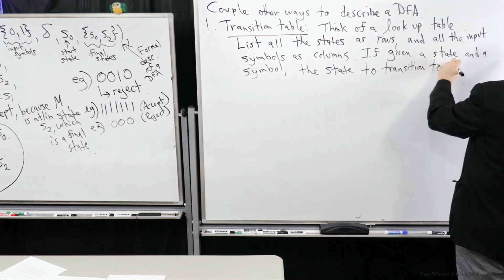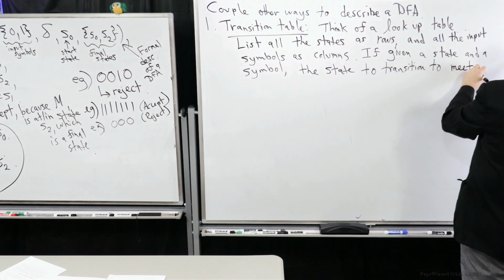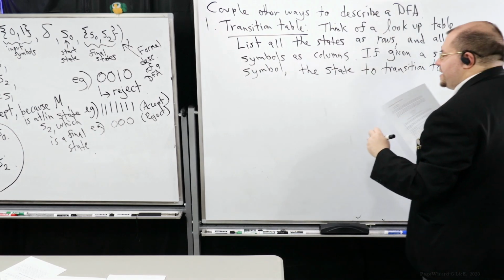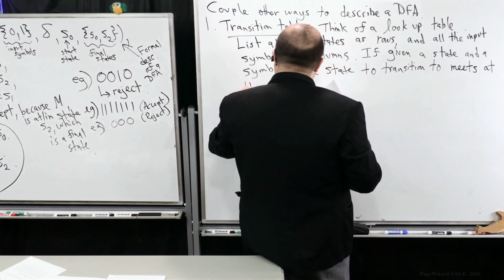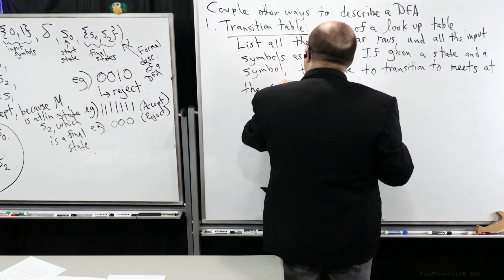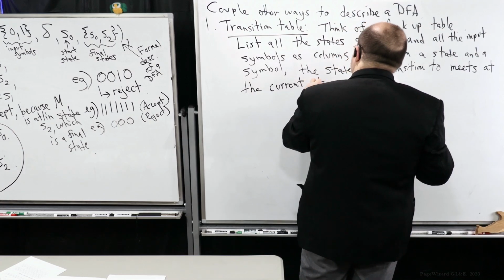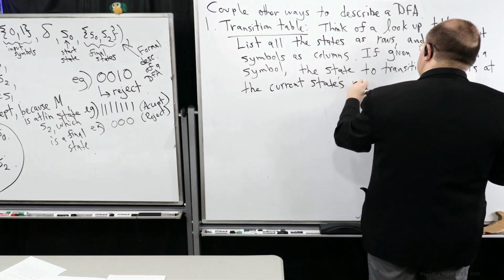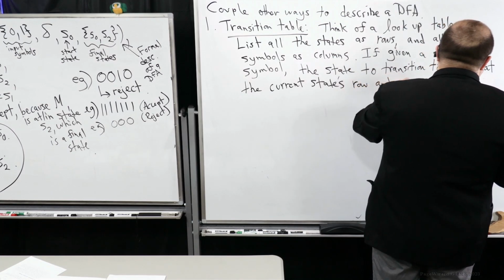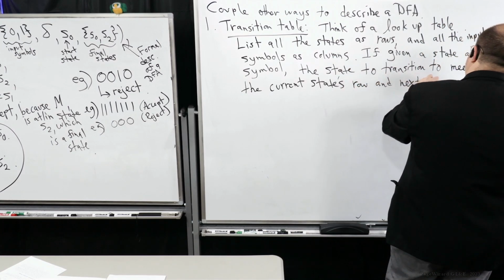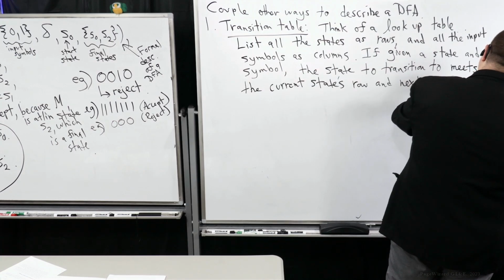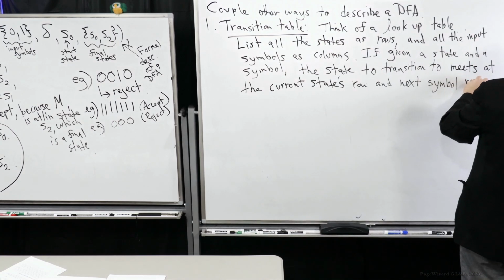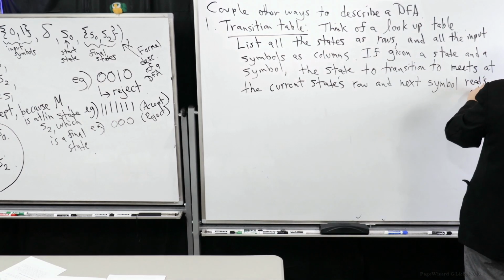The transition meets at the current state's row and the next symbol read's column.